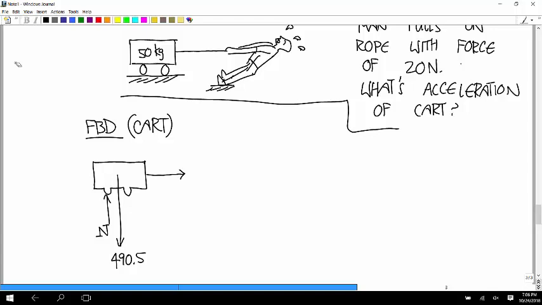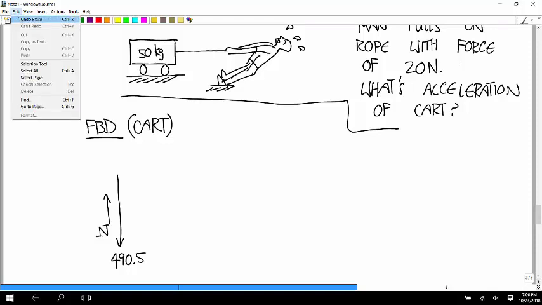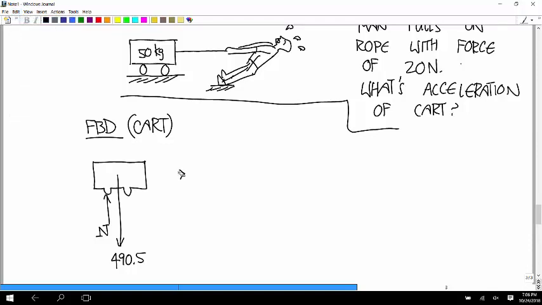One nice way to keep track of the direction that the pulling force applies to the object is to imagine that we're isolating the cart plus a little 1 millimeter of that rope. So it would look something like this.